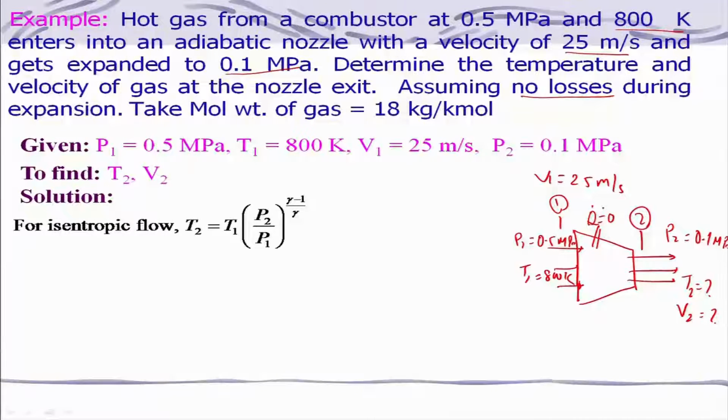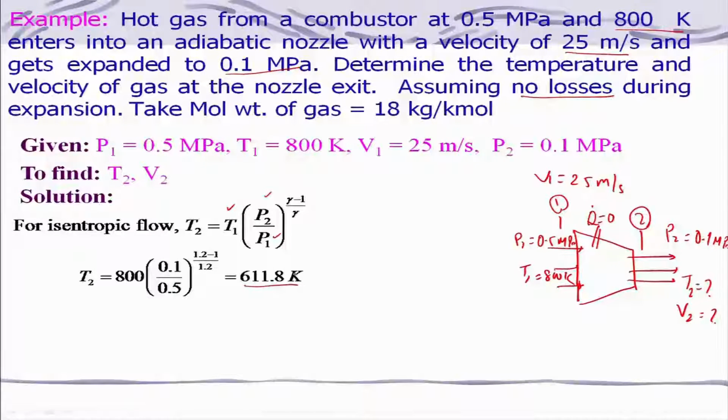For isentropic flow we know T2 is equal to T1 times (P2 by P1) to the power (gamma minus 1) by gamma. P1 is 0.5 megapascal, P2 is 0.1, T1 is given, and gamma is given. You just substitute those values and you find that it happens to be 611.8 Kelvin. It is reduced.